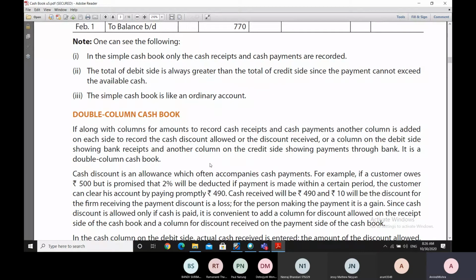Now, along with the columns for the amount to record the cash receipts and cash payments, if we add another column on each side of the cash book, we can add that column to record the cash discount that has been allowed, or the discount that has been received.